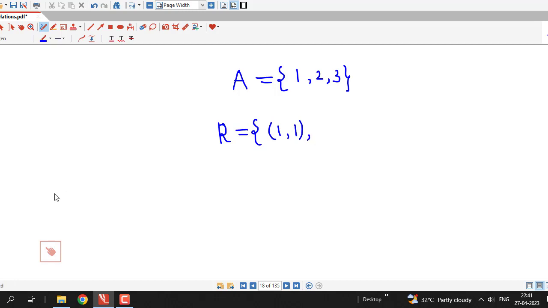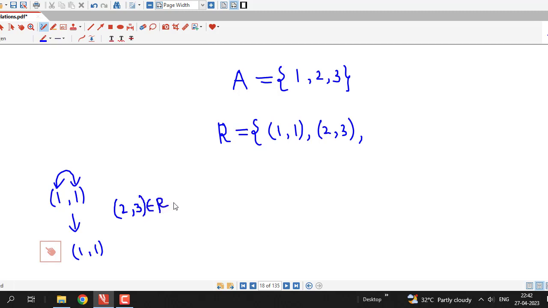If we change the order of the two elements in this ordered pair, we obtain the same element. Then suppose I consider 2, 3. Here 2, 3 is present in R, and if R is symmetric, then 3, 2 must be present in R. So if 2, 3 is there, then I must add 3, 2.